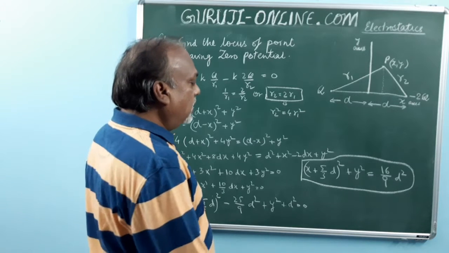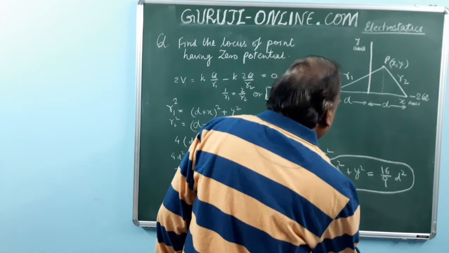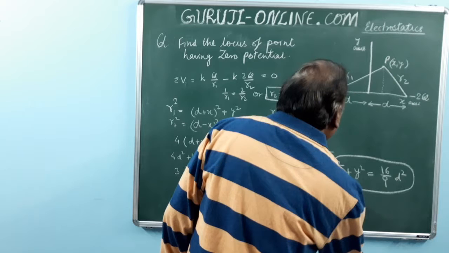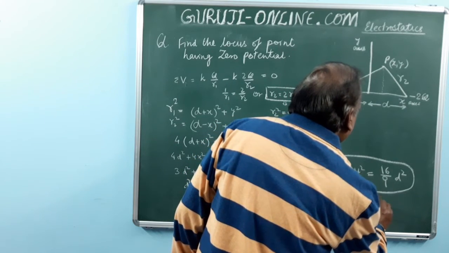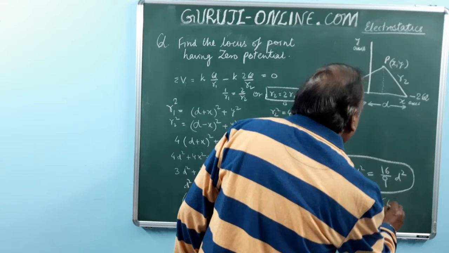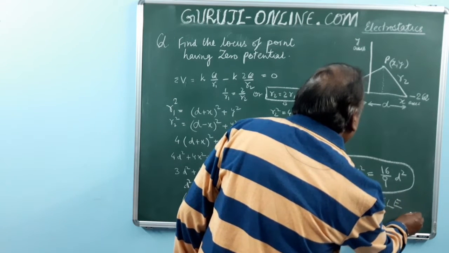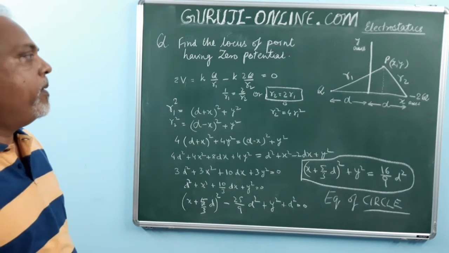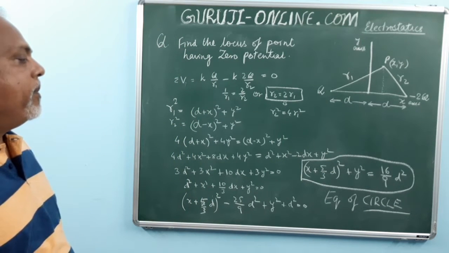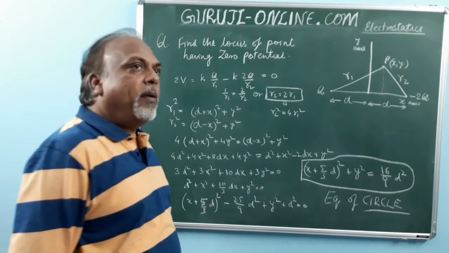This is nothing but an equation of a circle. Correct? X square plus y square is equal to a square.